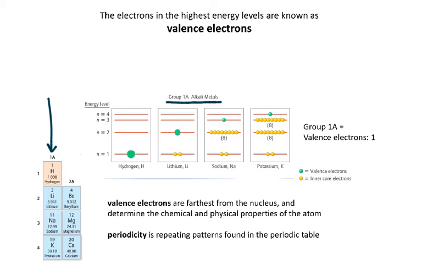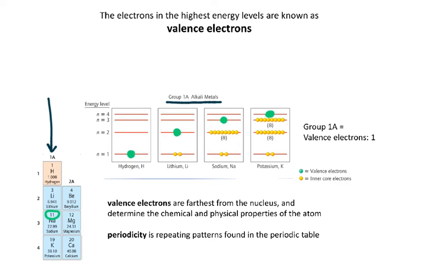Lithium has one electron in n=2. Sodium, even though we're all the way up to 11 electrons, has only one in the highest energy level, which is 3 now. And continuing on, potassium has 19 total, but just one in the highest energy level.